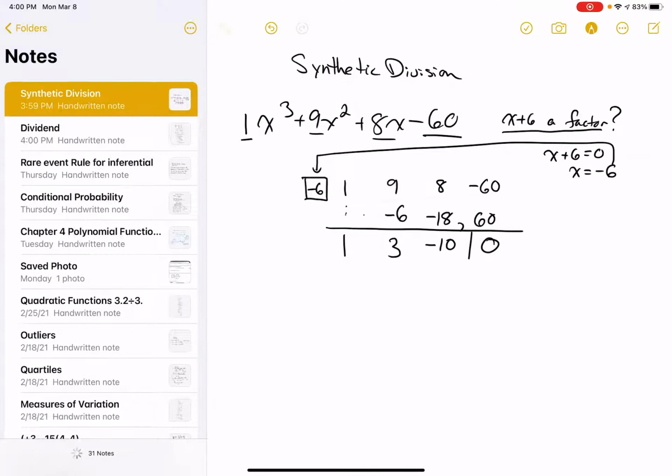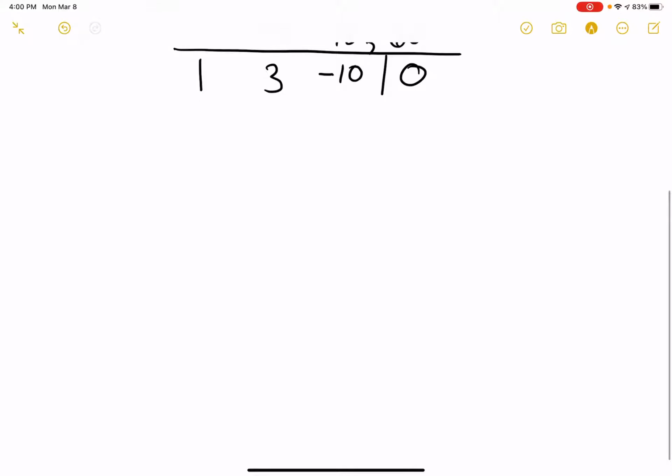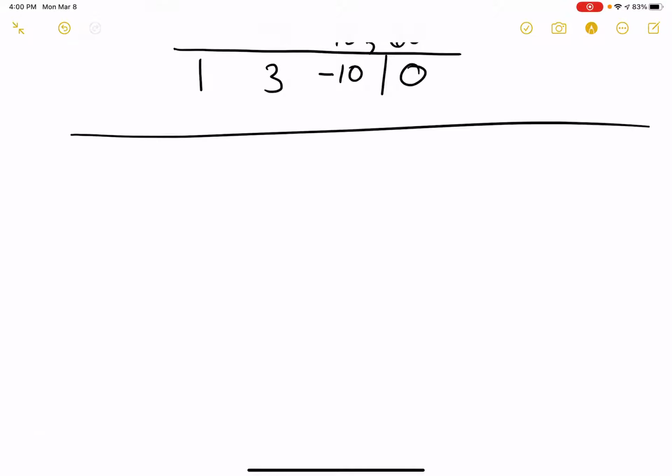Let's do another example. Let's do that example that we're talking about where we need placeholders.